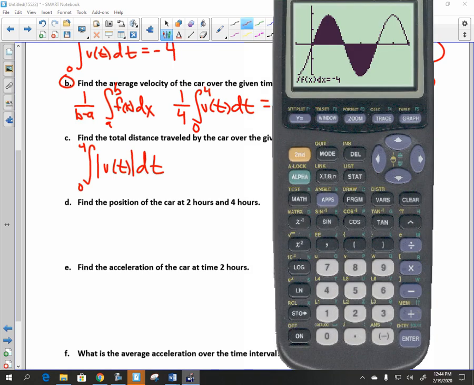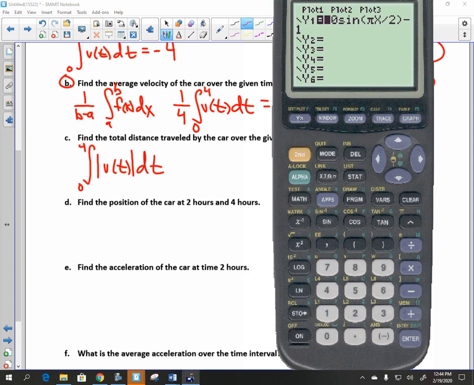And so what we need to do is go back into our function, go into y equals, and type in the absolute value of that function. Do you remember how I grabbed the absolute value of that guy? Yep, you could use math, but I'm going to insert, okay? I'm going to insert, and I go to catalog in order to grab absolute value. Second delete, INS. INS stands for insert. It's also on your Chromebook.